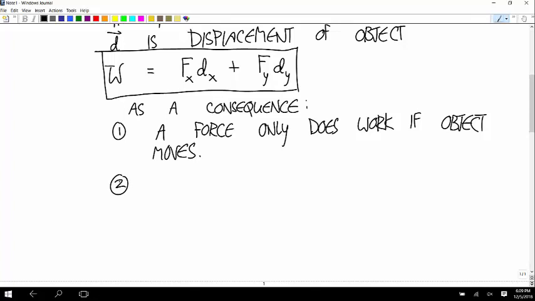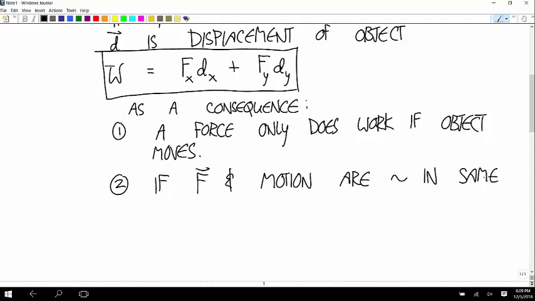Second, this is a little harder to see from this equation, but if the force vector and the displacement vector, let's say the force vector and the motion, are about in the same direction, work is positive.